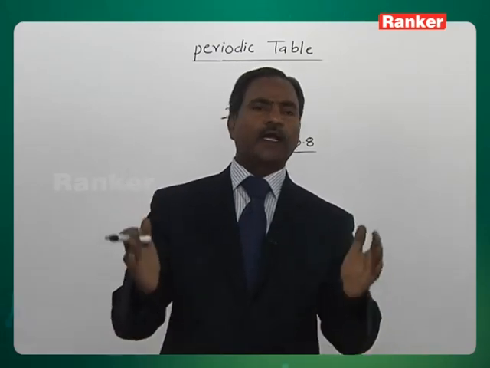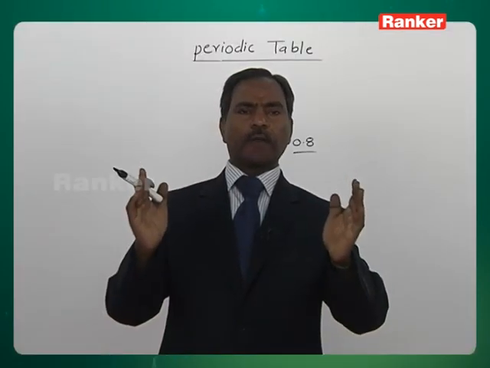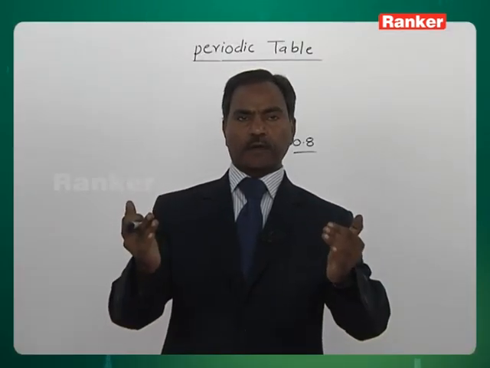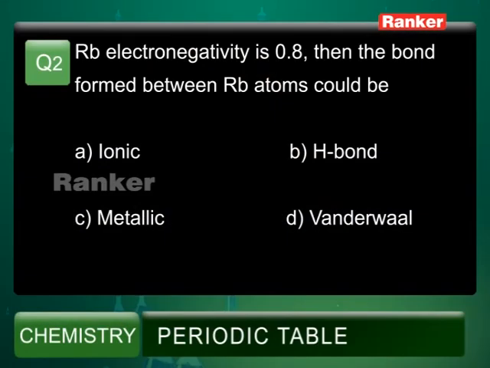So from metal atom to metal atom, there will be a metallic bond. Option A is ionic, option B is hydrogen bond, option C is metallic bond, option D is van der Waals force. Rubidium metal to rubidium metal with low electronegativity, there will be a metallic bond. Therefore question number 2, the answer is C.